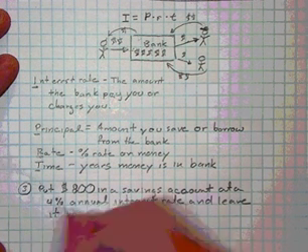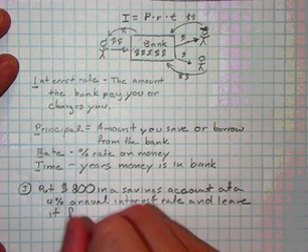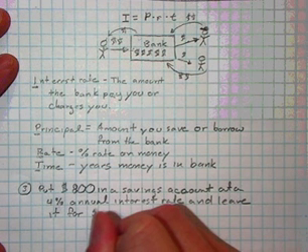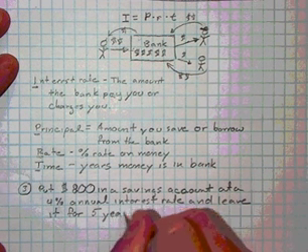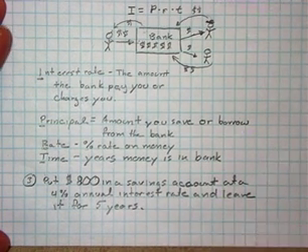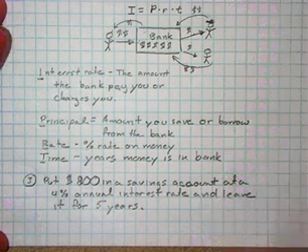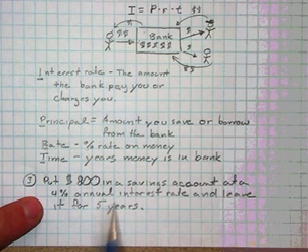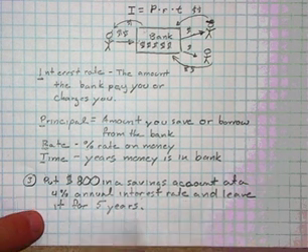And we're going to leave it in there for, let's go 5 years. So we put $800 in the savings account. There's a 4% annual interest rate, and we leave it in there for 5 years.